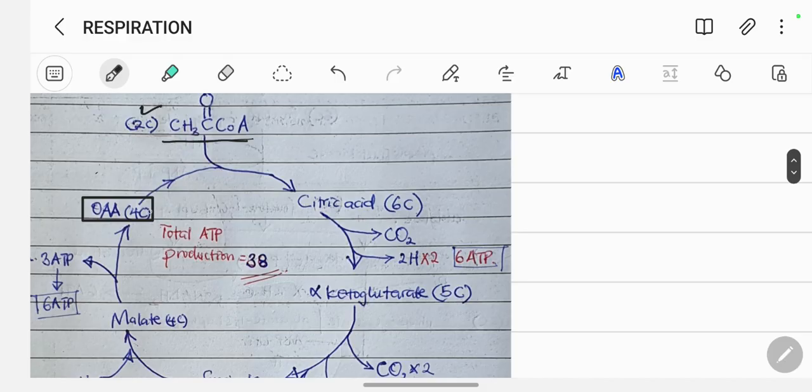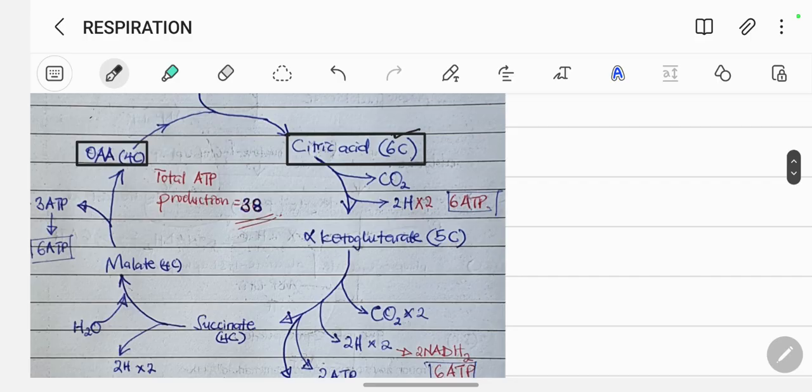As this 4 carbon compound joins with a 2 carbon compound, they will give us a 6 carbon compound there. So this is citric acid. Some books say citrate, but the two are the same. They mean the same thing.